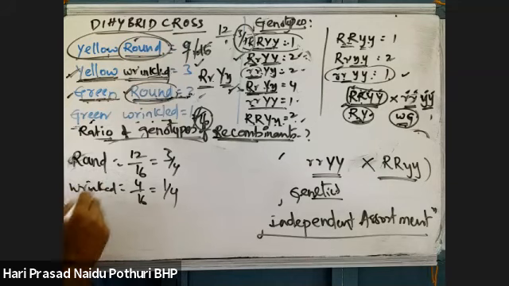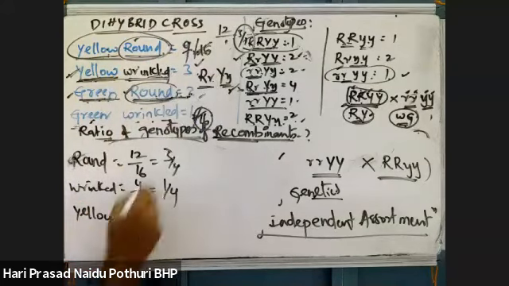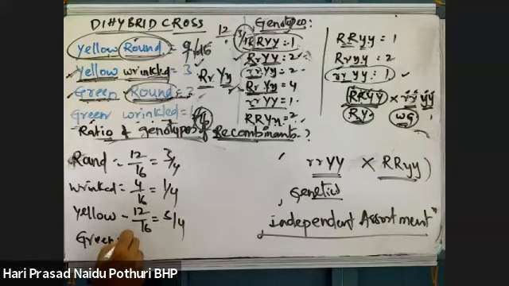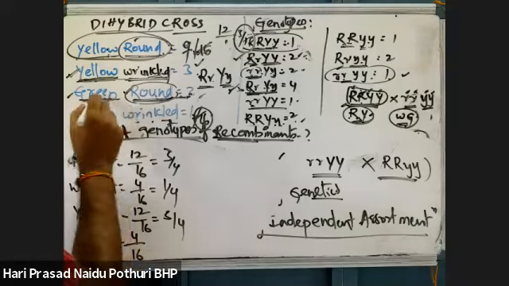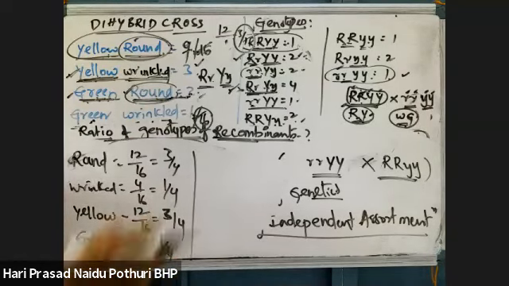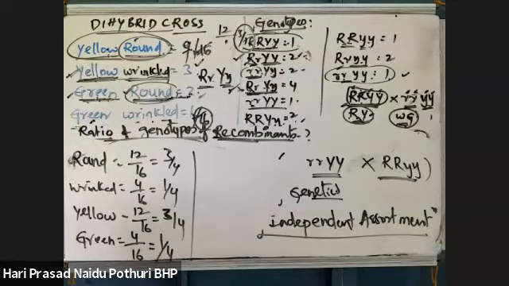And yellow: 9 plus 3, 12/16, equal to 3/4. Green: 4/16, equal to 1/4. This is for the individual character. But for the two characters together, it gave 9:3:3:1. Okay, this is about the dihybrid cross.